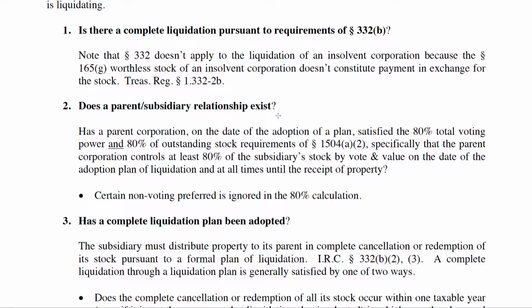The idea is that a parent corporation owns a subsidiary corporation, specifically 80% or more of total voting power and all outstanding stock requirements, okay, of all. So you need both of those, okay? You need 80% or more of voting, 80% or more of all outstanding stock, okay, just so you know.